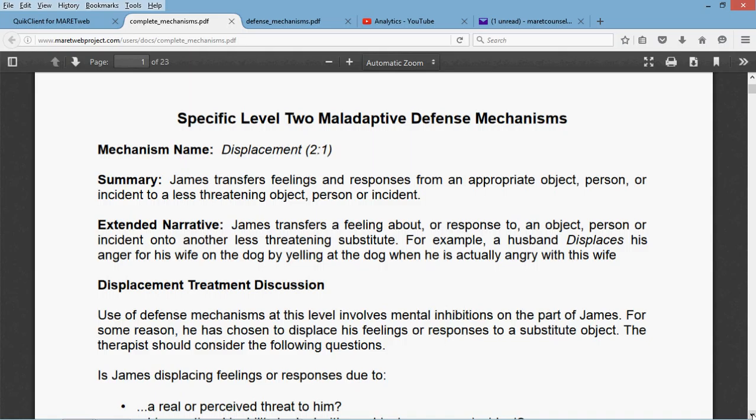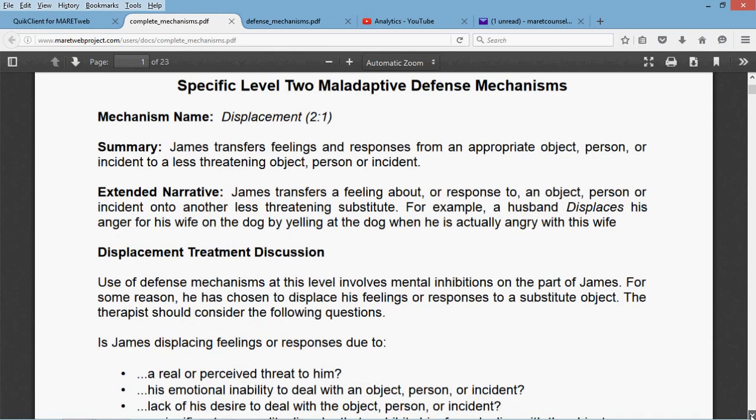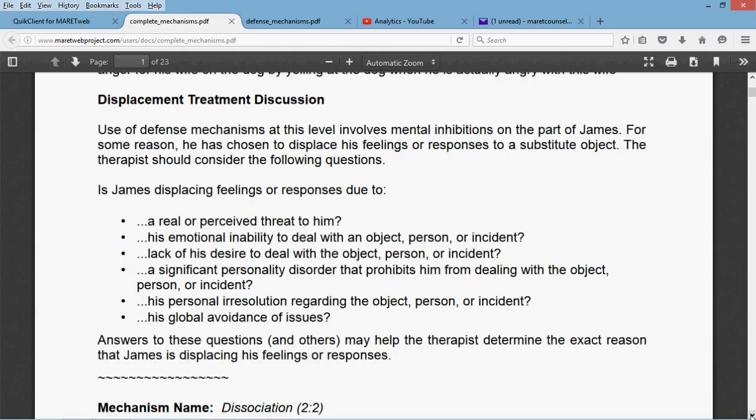We do each one. The first mechanism under level 2, 2:1, as you can see there. They all follow the same pattern: mechanism name, summary, extended narrative, and then the treatment discussion. We'll look at results here in just a second.